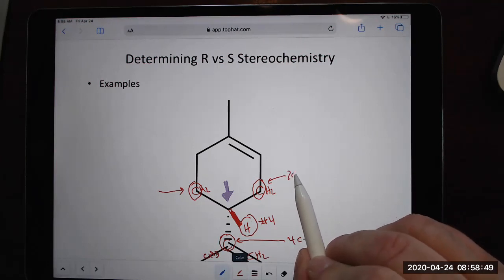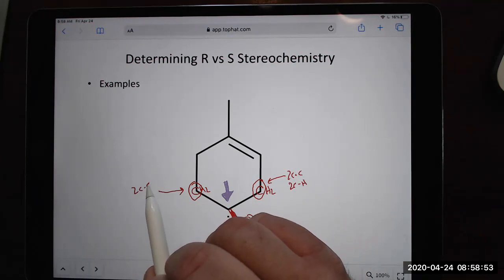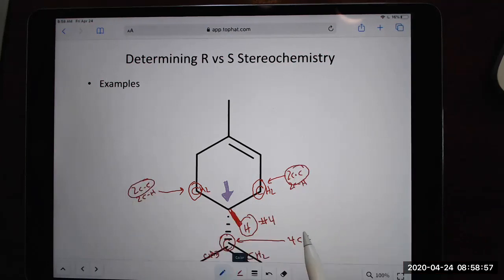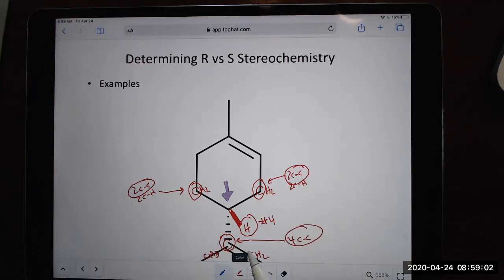This one has 2 carbon-carbon, 2 carbon-hydrogen. This one also has 2 carbon-carbon, 2 carbon-hydrogen. So the heaviest bond for each of these is the carbon-carbon, but this one has 4 of them, so this chain right here is going to be a higher priority than either one of those 2. But these 2 are a tie.